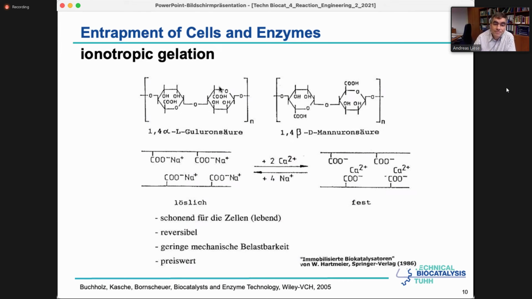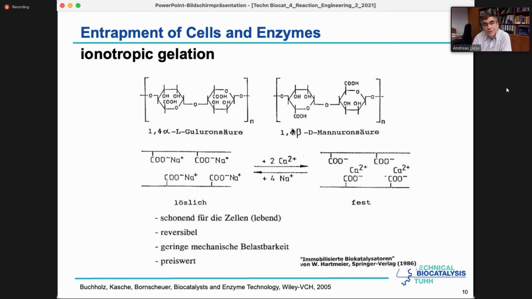What is the idea? In the end, we have polysaccharides, hyaluronic acid and or mannuronic acid. How does this function? The trick is that those polysaccharides have carboxylic acid functions, in high number.